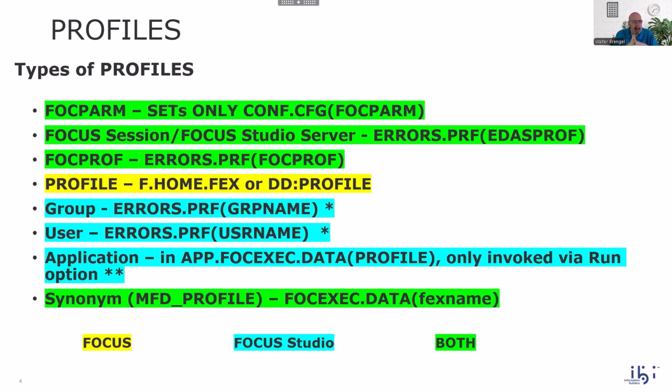When I was playing around, I had to move it into my conf.cfg dataset, and then it was picked up. There is one that shipped in one of the f.home libraries, but it wasn't until I put it into the conf.cfg that the one I wanted to use to override the one we shipped was picked up.